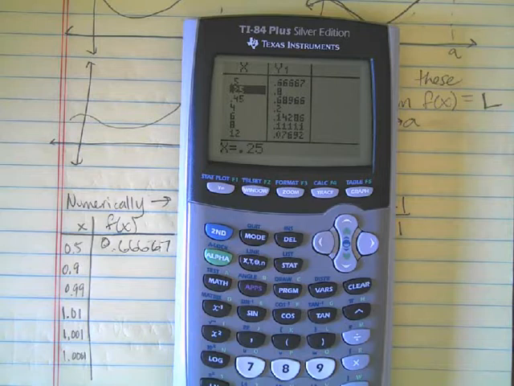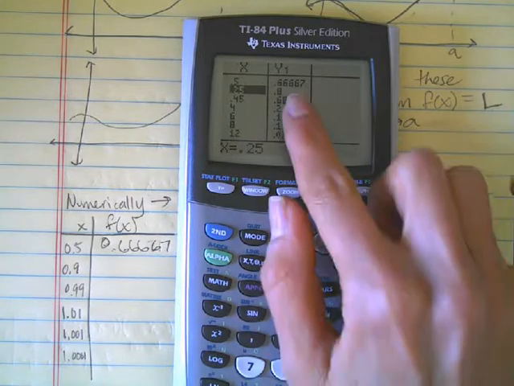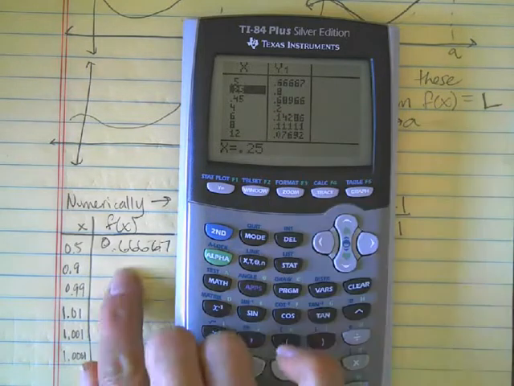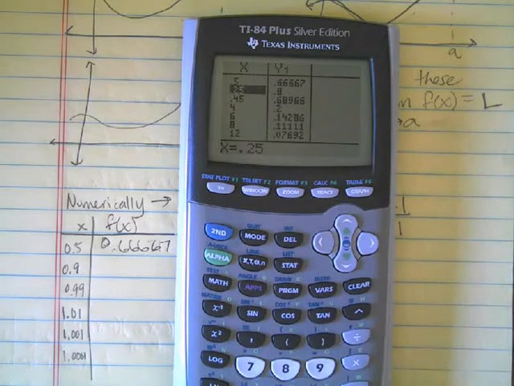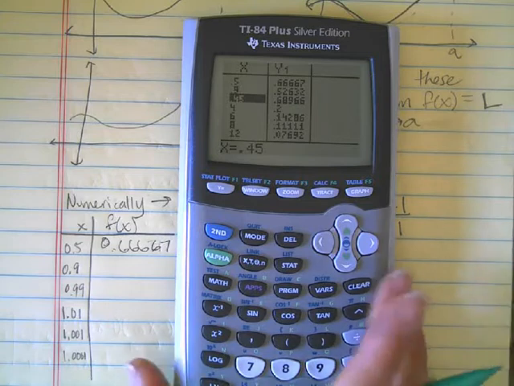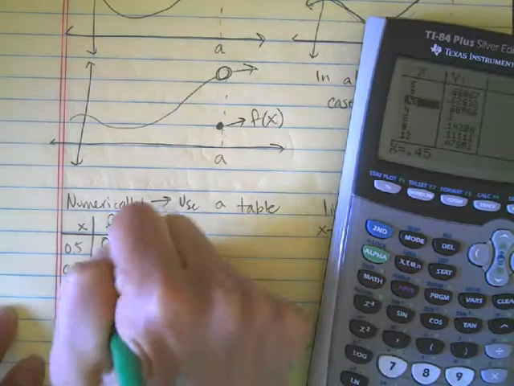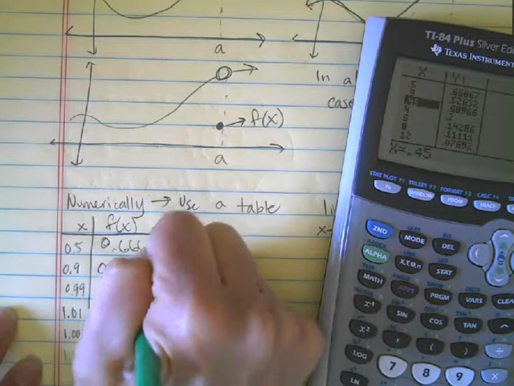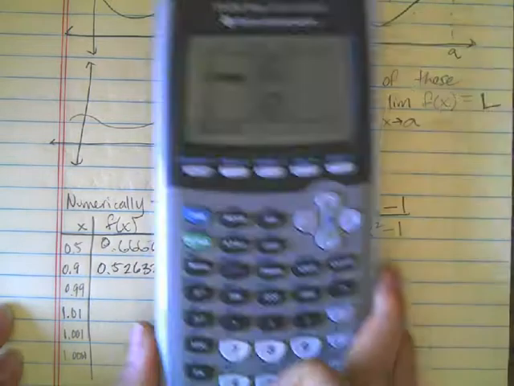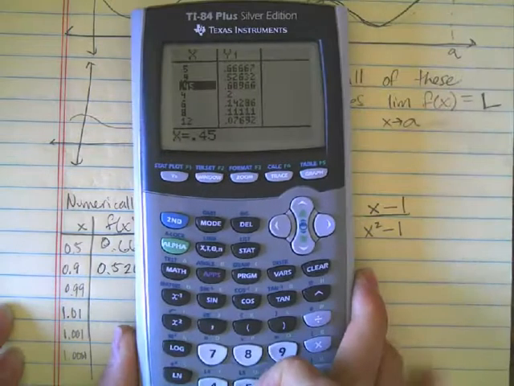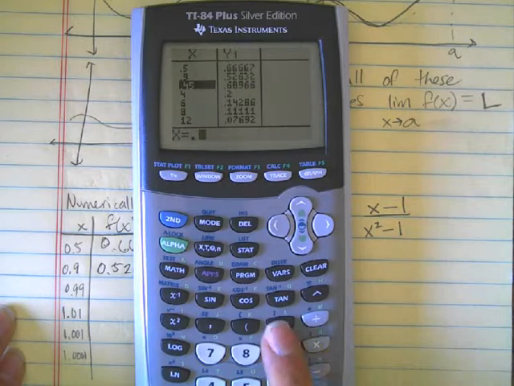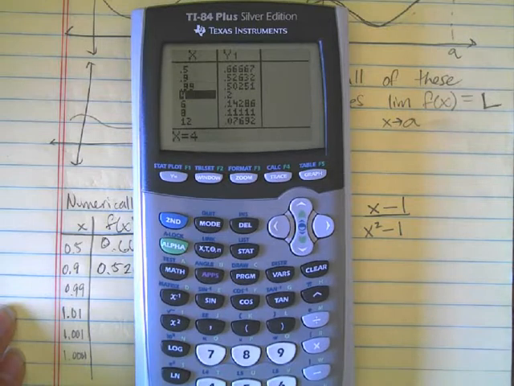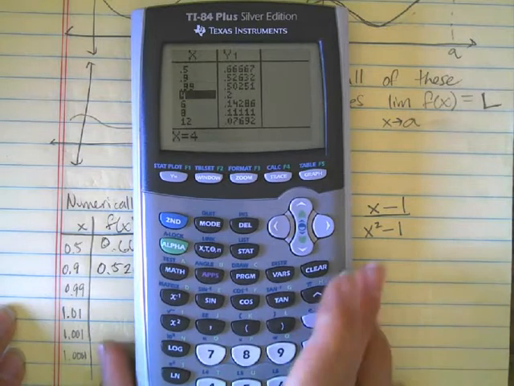You type in 0.5, you get the answer out, and you write it down. Then the next one you type in is 0.9, because that's the next one on our list. So 0.9 gives 0.52632. Then I type in 0.99, and that is 0.50251.